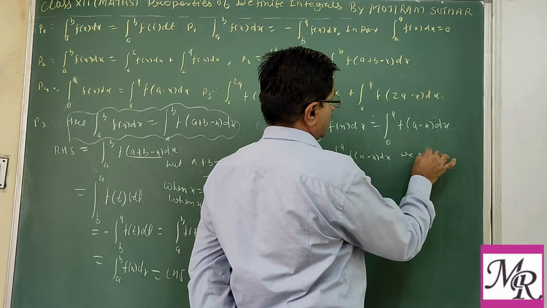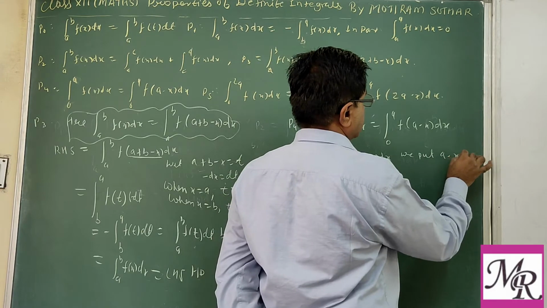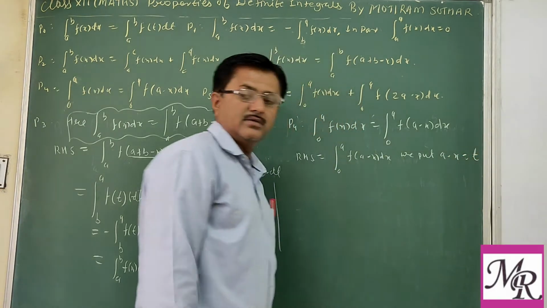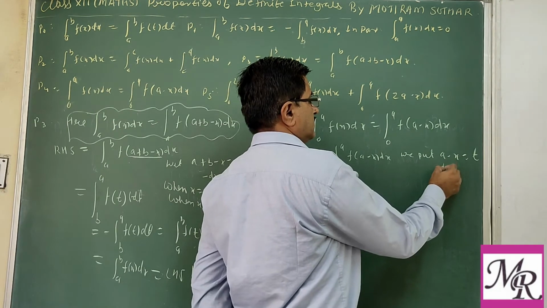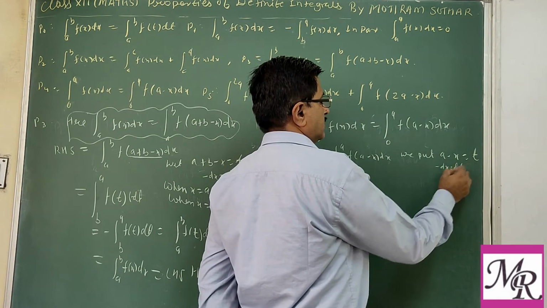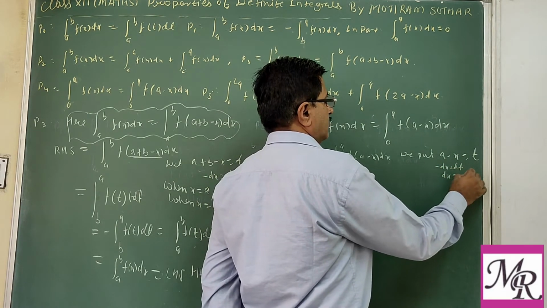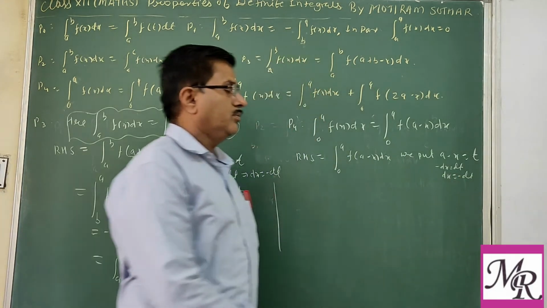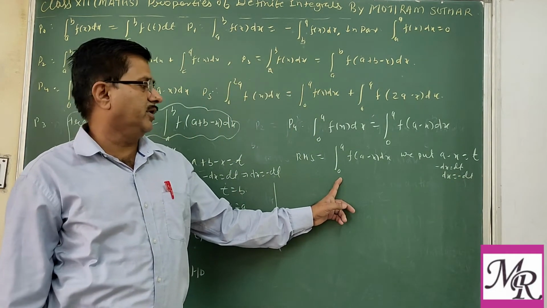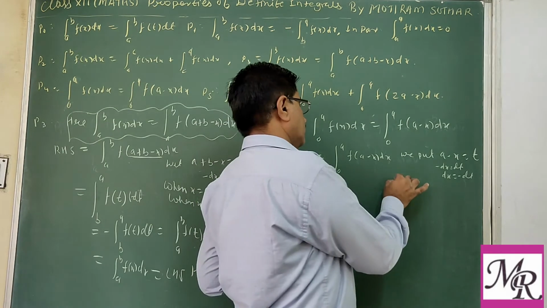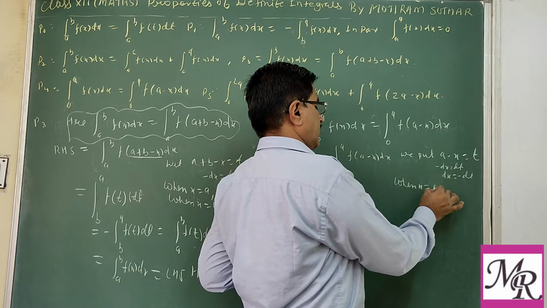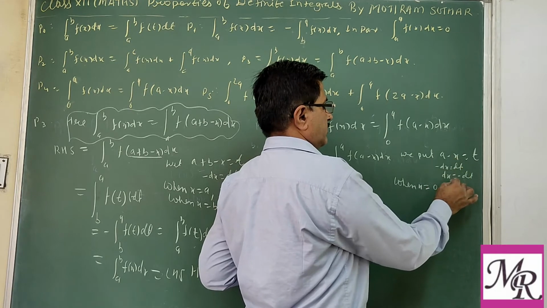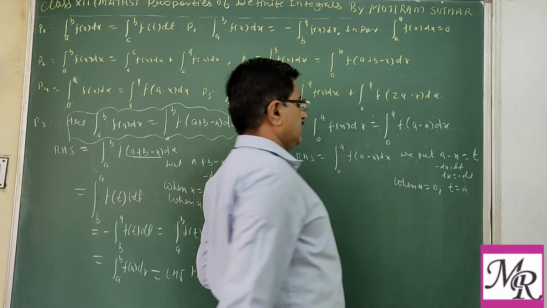So we put a minus x as t, right? So the derivative of this will be minus dx equal to dt, or dx equal to minus dt. Now we can also find the limit. When x equal to 0, this is similar to the third property, t equal to a.